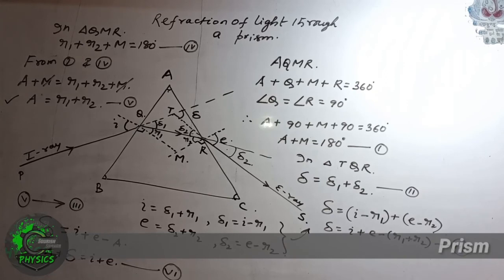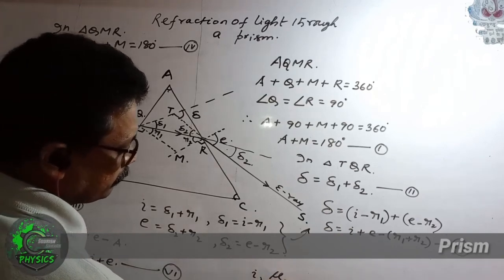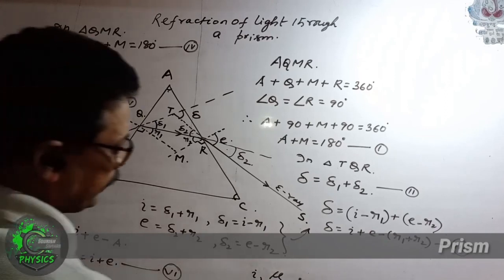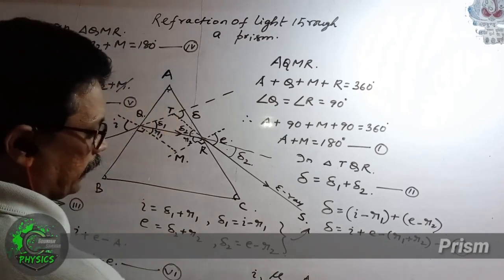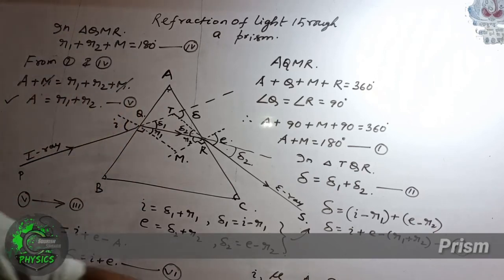Second, the refractive index of the material of the prism. Third, the angle of the prism, and fourth, the wavelength lambda.